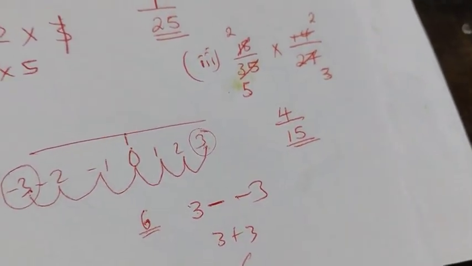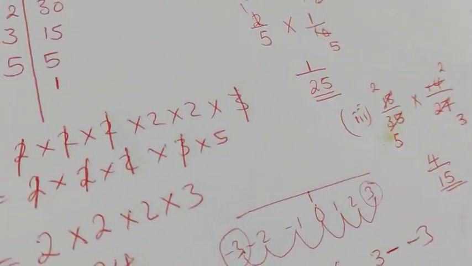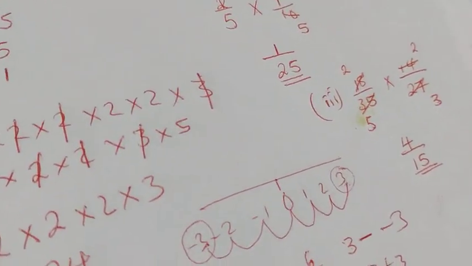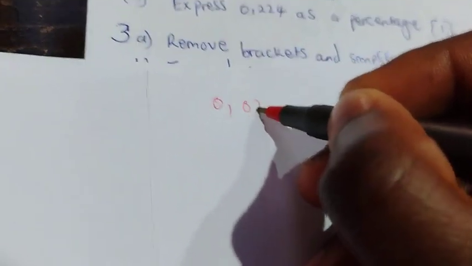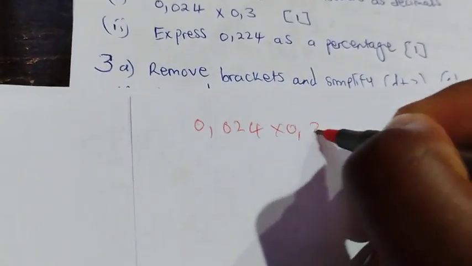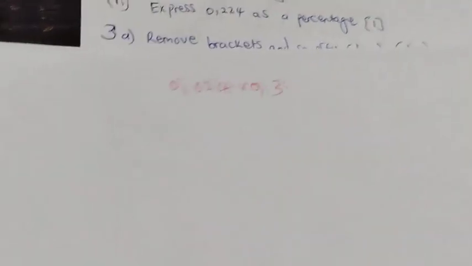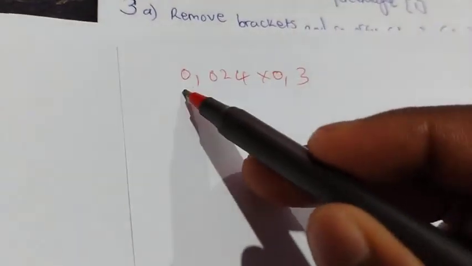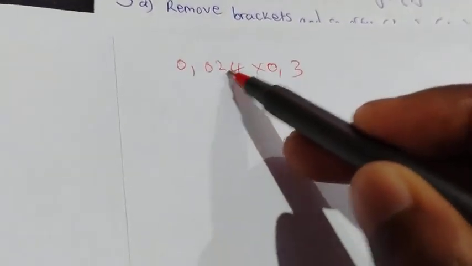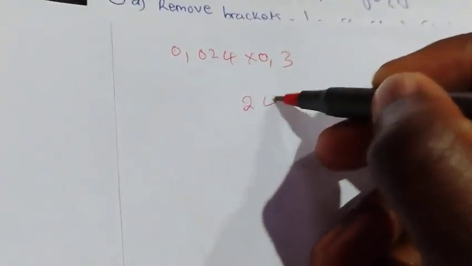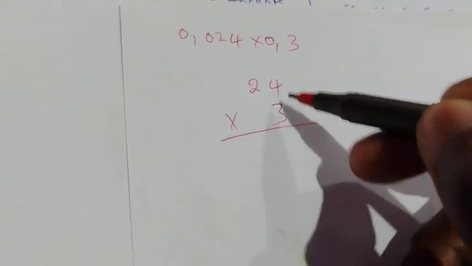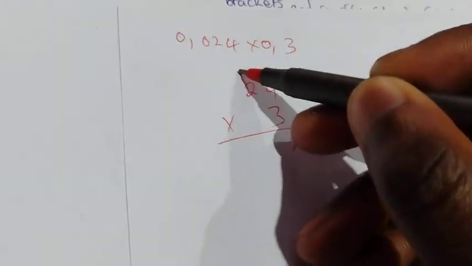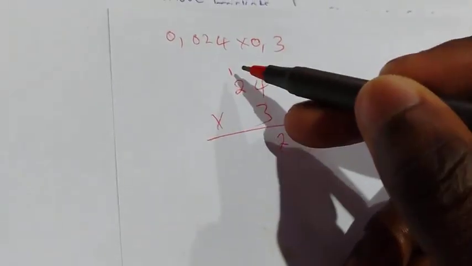Right? The next question now, evaluate giving the answers as decimals. 0.024 times 0.3. So if you are multiplying decimals, you ignore the commas. So we have 24 and 3. So we multiply 24 times 3. That is ignoring commas. 4 times 3, 12. 2 carry 1. 3 times 2, 6.